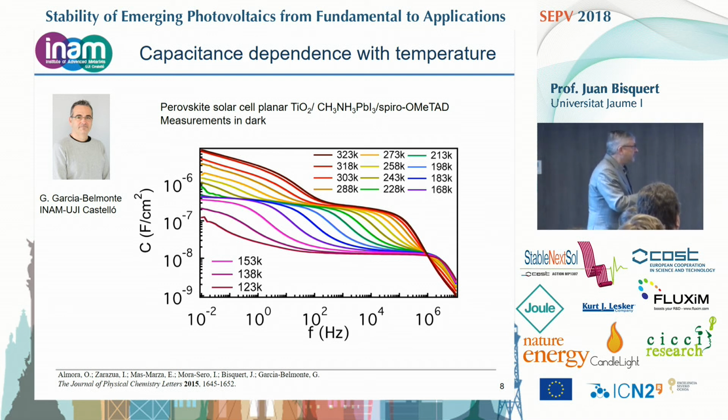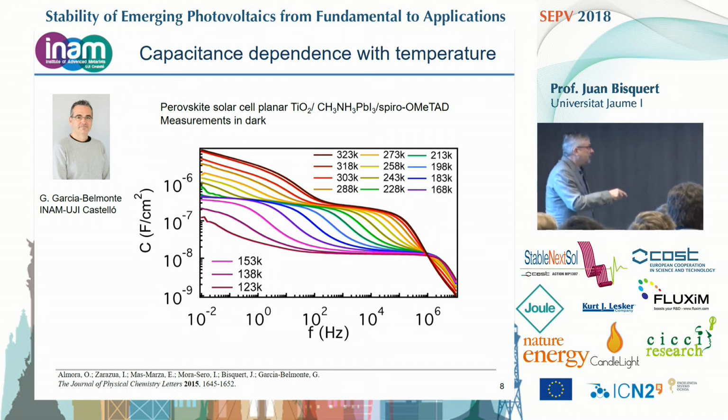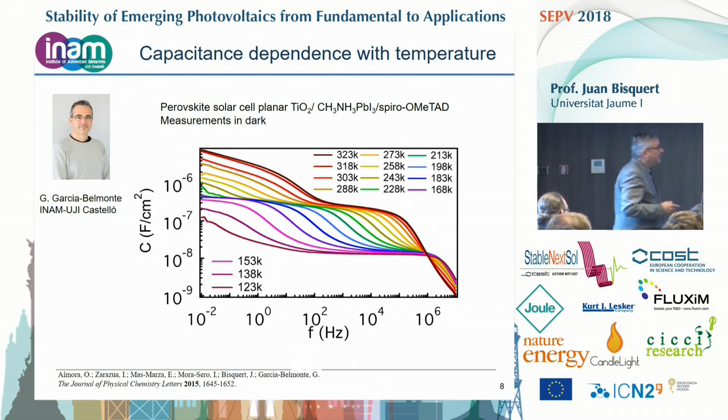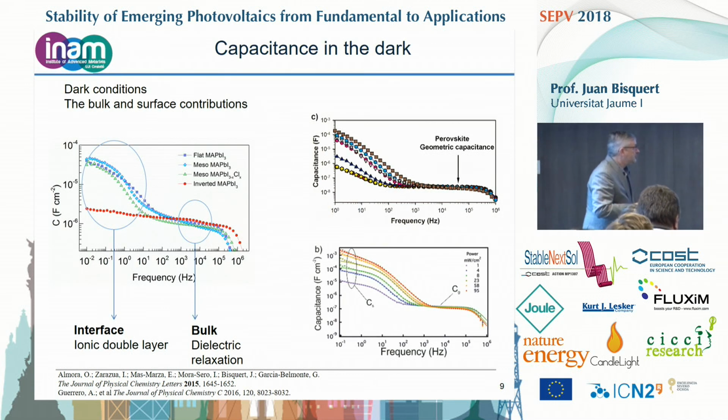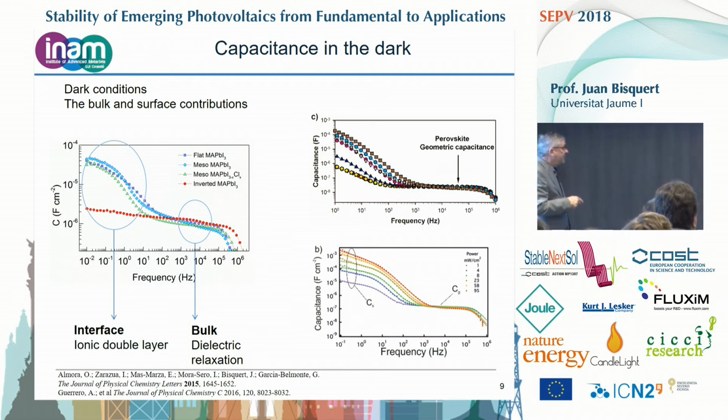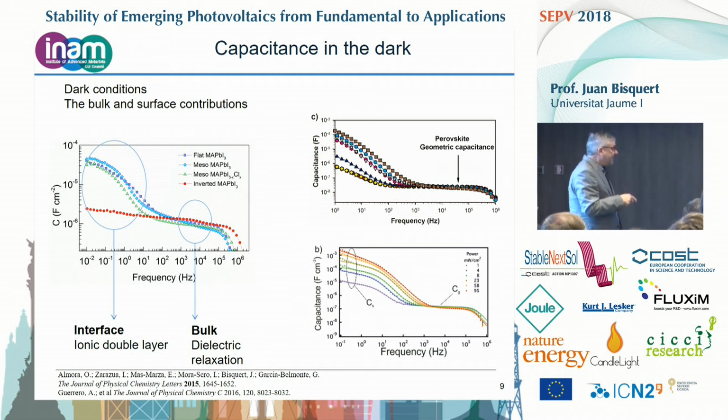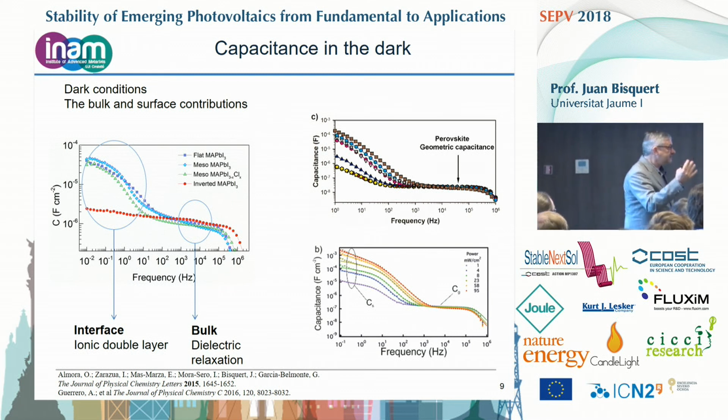In this step, you see there's something big at low frequency and something more flat, but going down in temperature, you can move the relaxation time to slower so that you can see different polarization phenomena. And he also measured the dependence on thickness. So we got this very important picture, which is a big polarization at low frequency, which is interfacial, and a plateau at higher frequency.